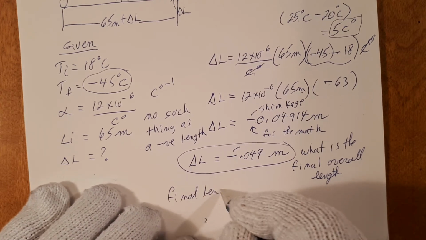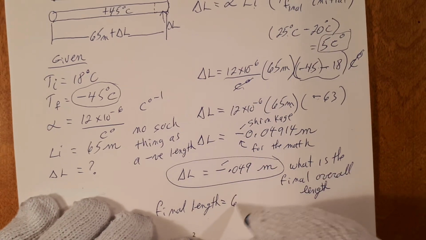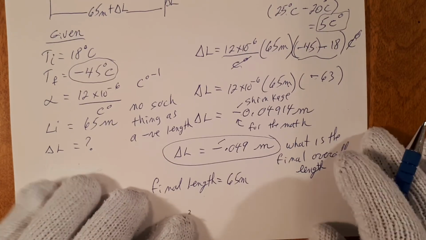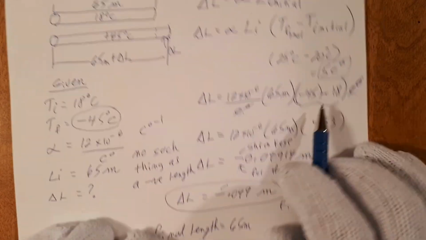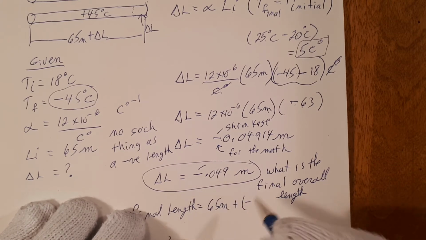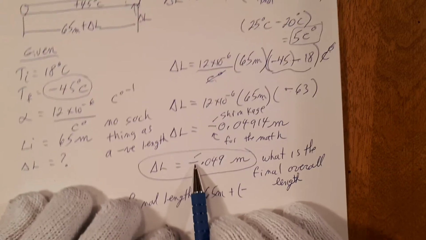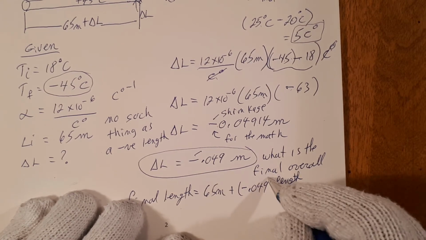Final length is equal to the 65 meters, and I wrote down, as you can see here, plus delta L. Plus, and the delta L has that negative sign in front of it. As I said, that negative sign is for the math. Minus 0.049 meters.